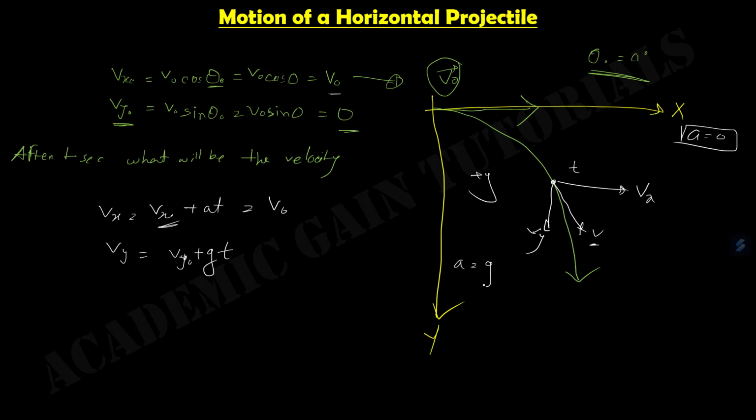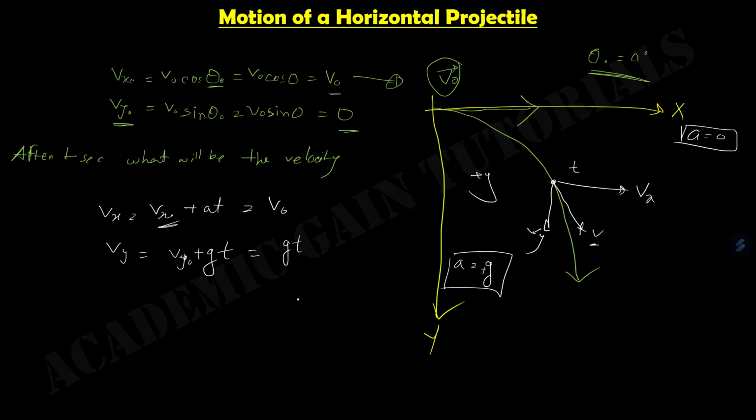For that, we write vy0 plus gt, and we know along the y-axis vy0 equals 0, so we can write vy equals gt. This is our formula for the x-axis, and this is our formula for the y-axis.